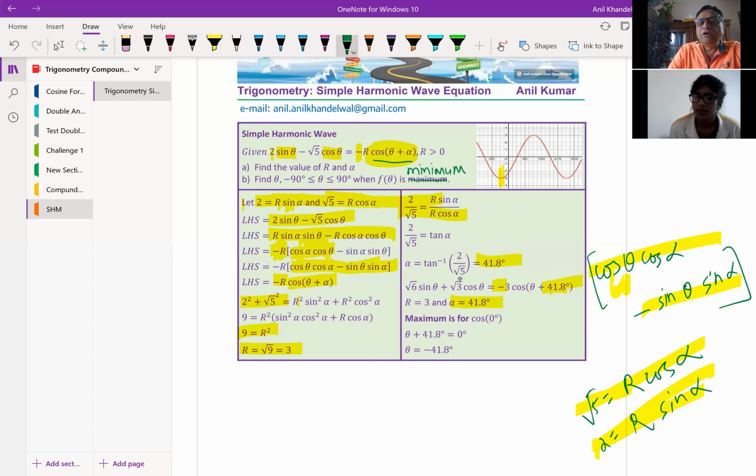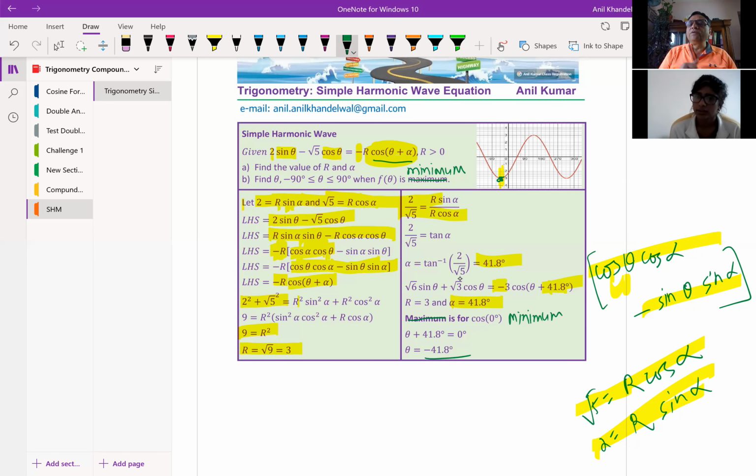Because it was flipped, right? And then it moved to the left 41.8 degrees. Because this is with minimum, it flipped, so maximum becomes the minimum. So it starts from earlier, leads 41.8 degrees, minimum value.